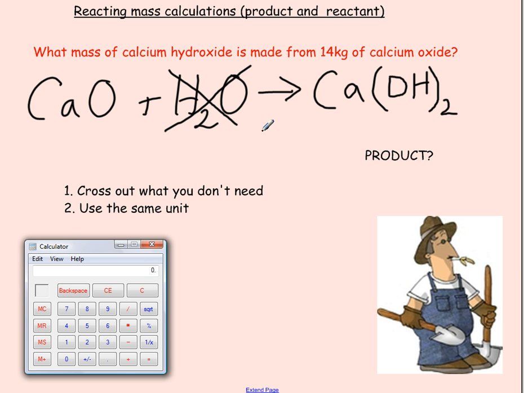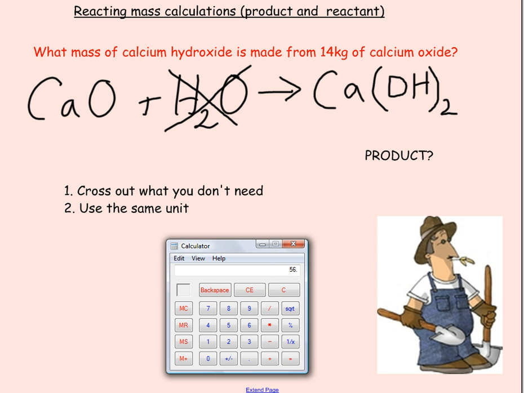We first then have to work out the Mr of this and the Mr of that. So we use the periodic table to do calcium oxide. Calcium is the top number, so the mass number is 40, plus oxygen, the top number is 16, equals 56.